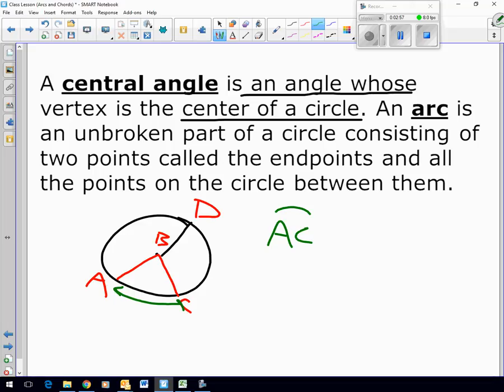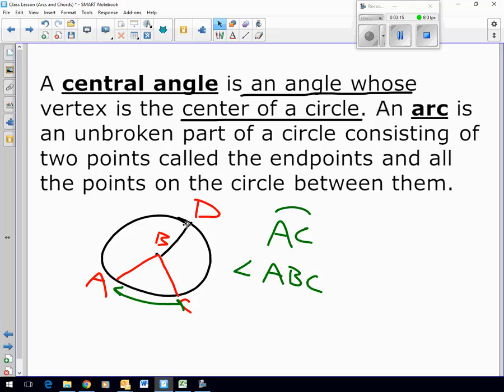Sit down. You have arc AC, and we just talked about angle ABC. Arcs are on the rim of the circle. Angles are at the center of the circle.